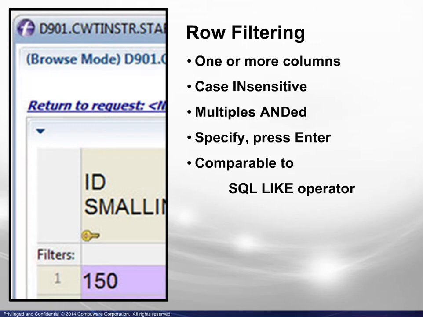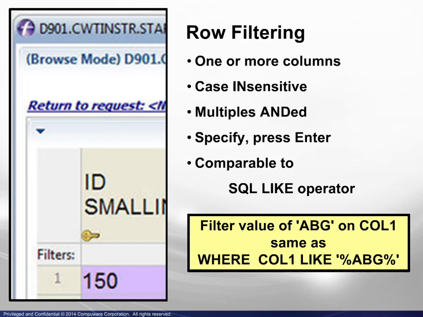A filter is comparable to a SQL-like operator. For example, a filter value of ABG applied to column 1 would be the same as where column 1 like %ABG%. Let's have a closer look.